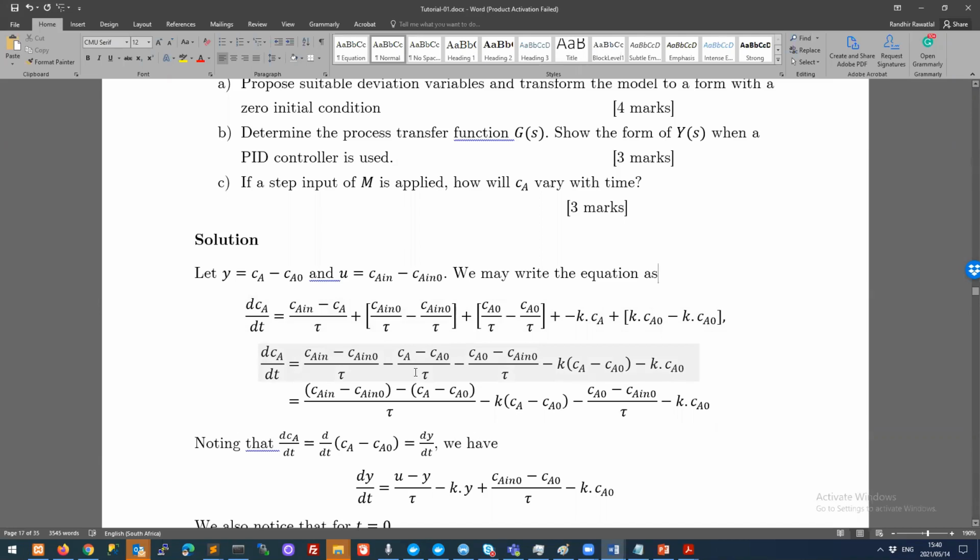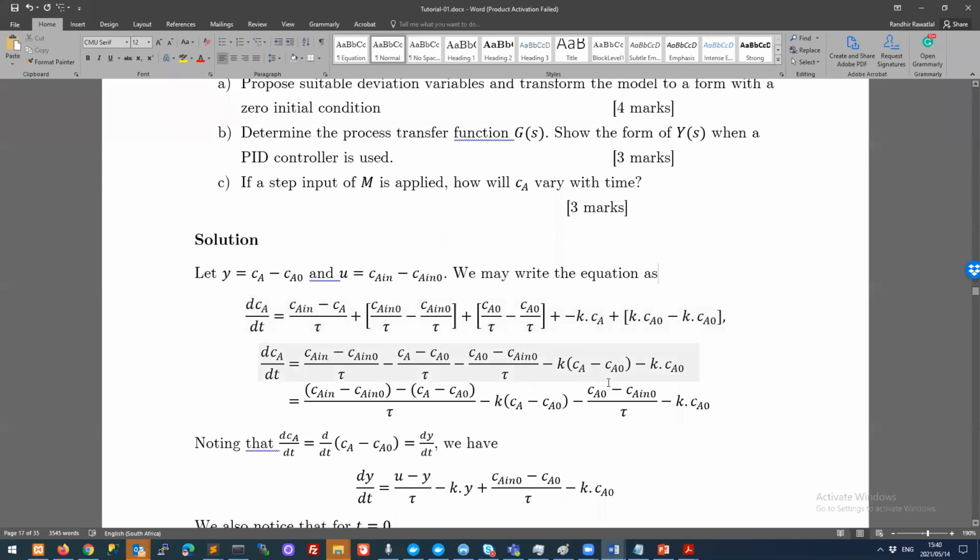And then you've got this one, CA naught over tau, and you're going to group this with this CA in naught over tau here. And so you see, you regroup all these. Wherever you see a CA in, you want to group that with a minus CA in naught. And wherever you see a CA, you want to group that with a minus CA naught.